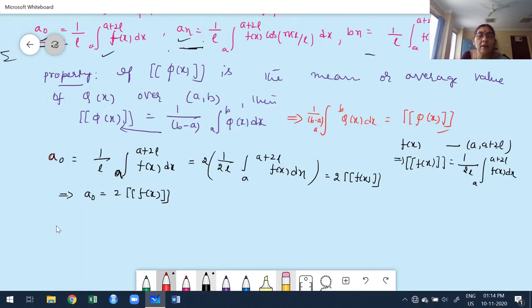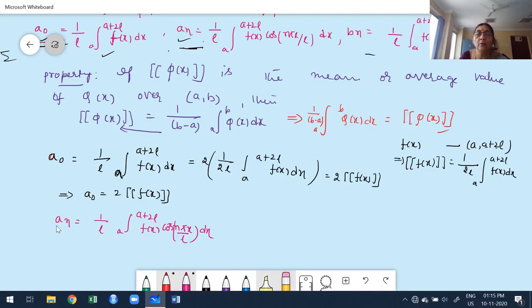Now, what is my an formula? The an formula is nothing but 1 by L, the integral from a to a plus 2L of f of x into cos of n pi x by L with respect to x.